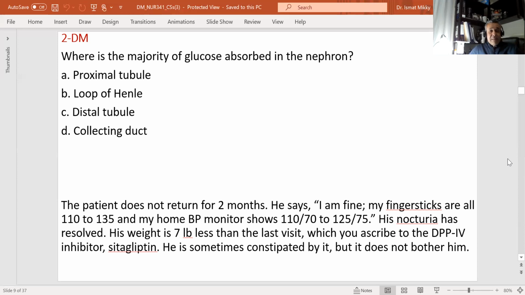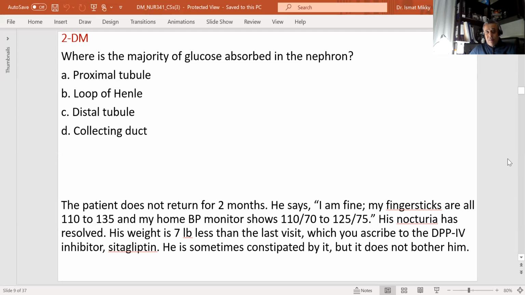And so some of the nephrons begin to saturate the SGLT, which is the sodium-glucose transporter, at about 180 or 200. And that was called the threshold.